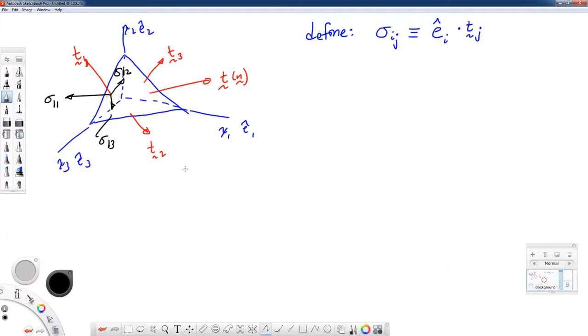And likewise, we're going to have a normal and two shears on each of these three back faces. And those will be the components of what we call our stress.